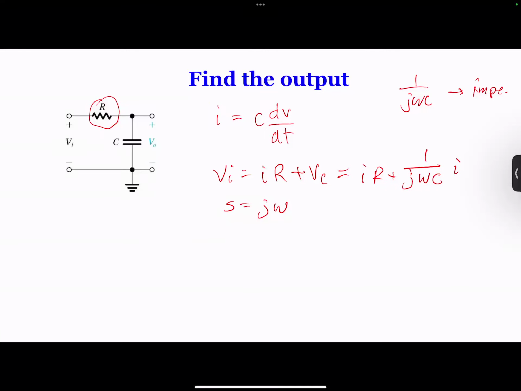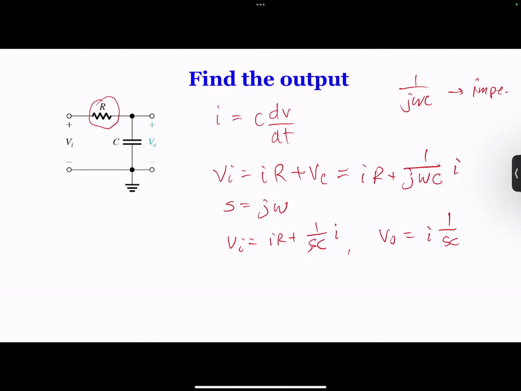You're going to get to the point. So by replacing J omega with S, we can get VI equal to I times R plus 1 over SC times I. And then we can write VO equal to I times 1 over SC.